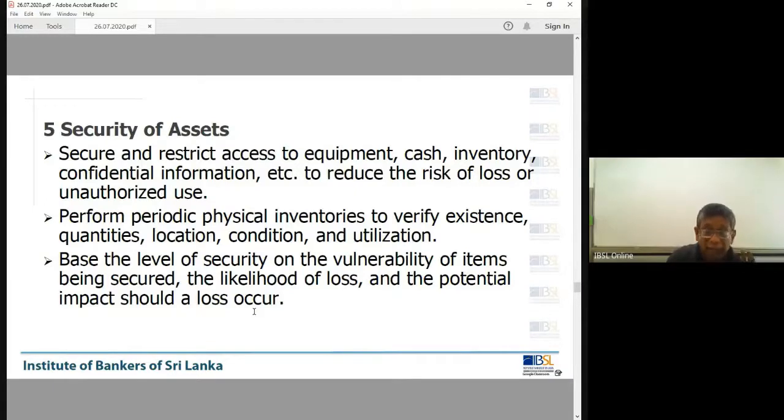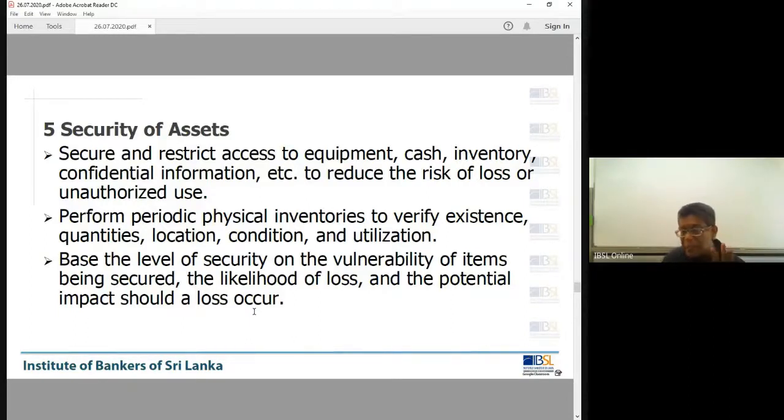So what are the five key internal control activities a bank can use for internal control purposes? One, security of assets. Then documentation, reconciliations, then authorizations and separation of duties. These are the five key internal control activities.